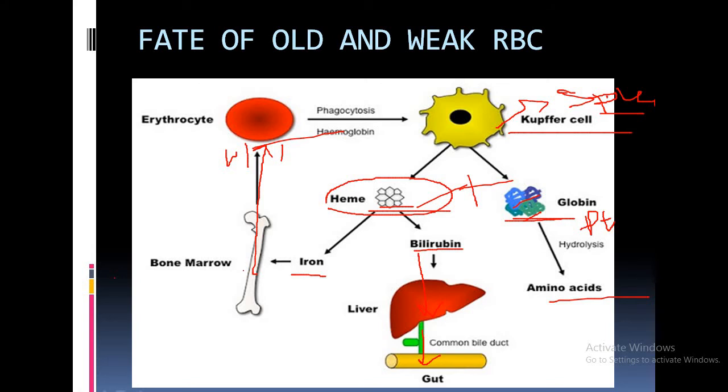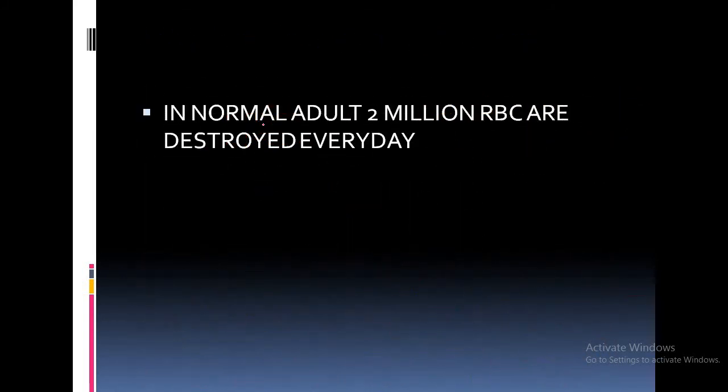And this iron will be again given to the long bone marrow, which will be used in the formation of new RBC. In a normal adult, 2 million RBC are destroyed every second, and it is 1% of total erythrocytes destroyed every day.